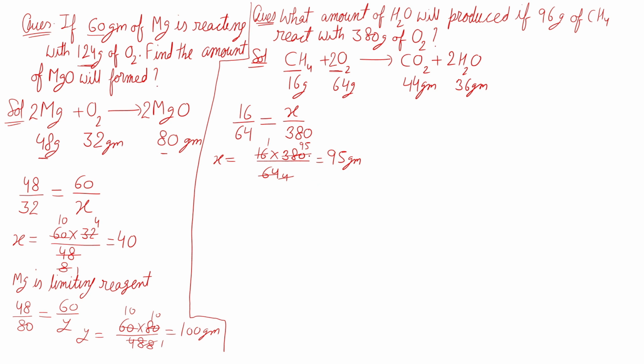It means when all the amount of oxygen given to you is getting consumed, then the amount of methane required is only 95 gram. But the amount of methane given to us is 96 gram.